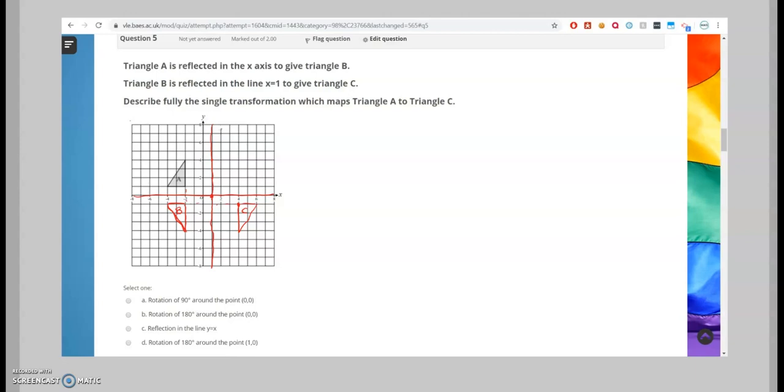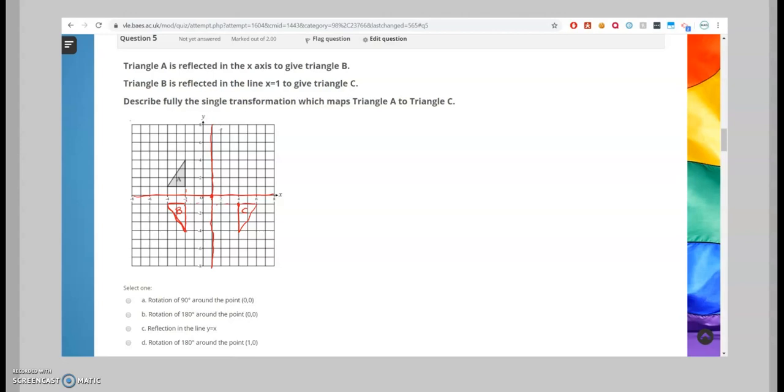Now what we're going to find is the single transformation which maps triangle A to triangle C. If you look at the two shapes A and C, it does look like this is a rotation based on the position that they have. So it's not any reflection.